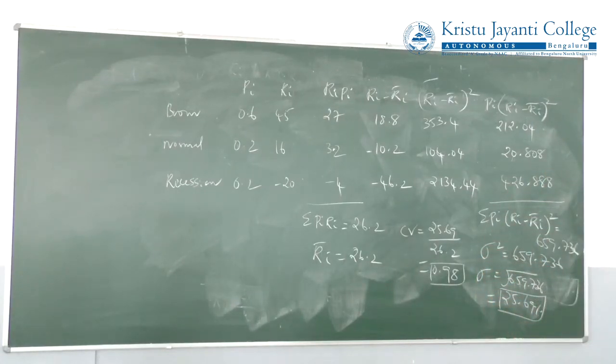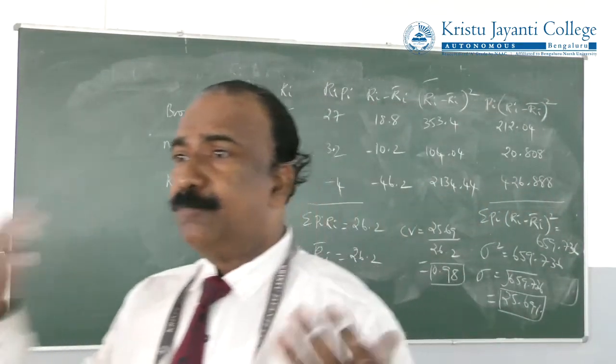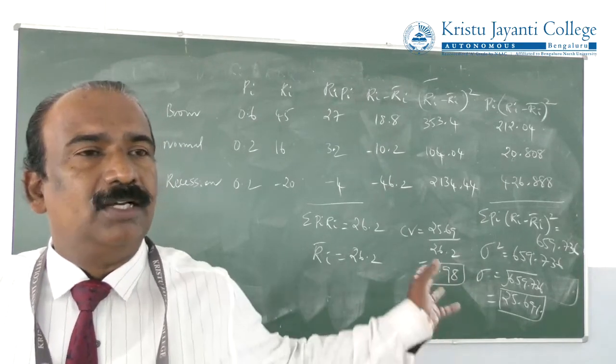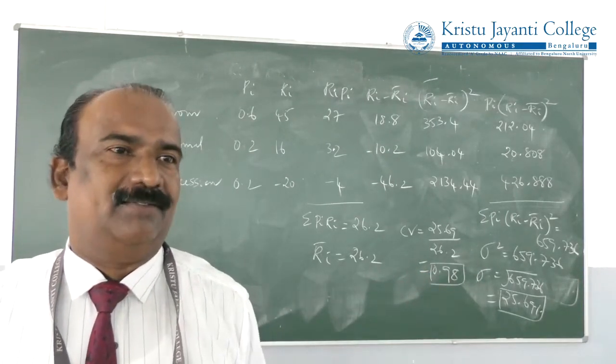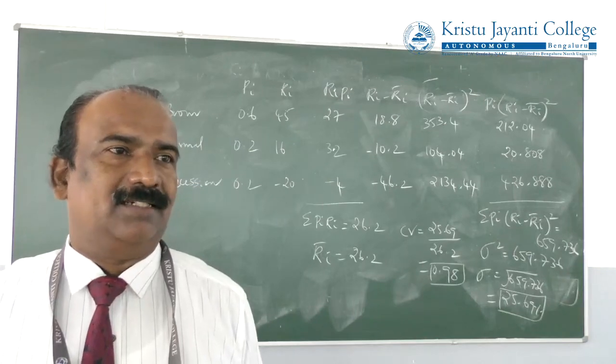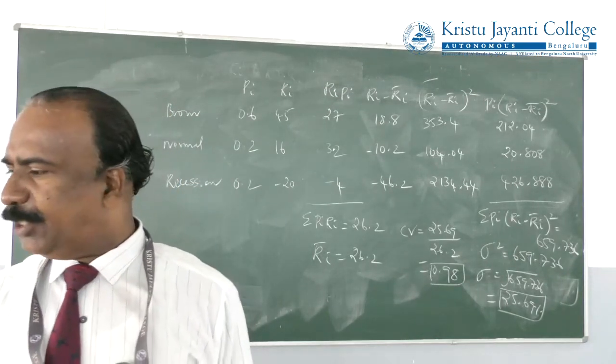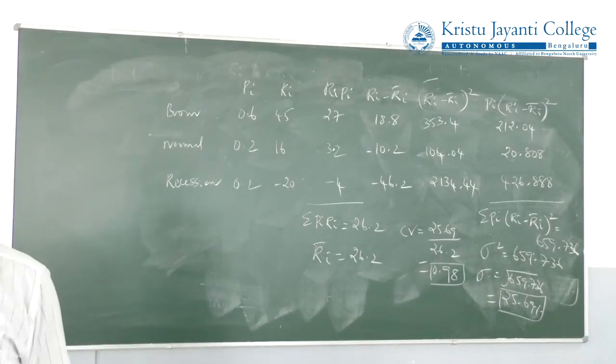Real-time figures are for real-time calculation in your project. Whenever we take finance projects in the portfolio, these are all the calculations that we will have to make. Okay. So any clarification, anything you want to ask?